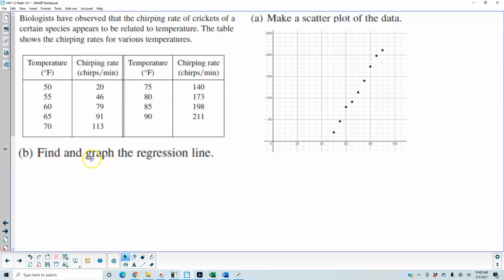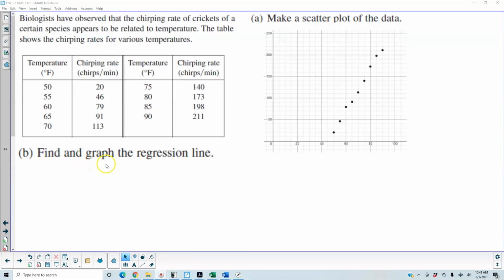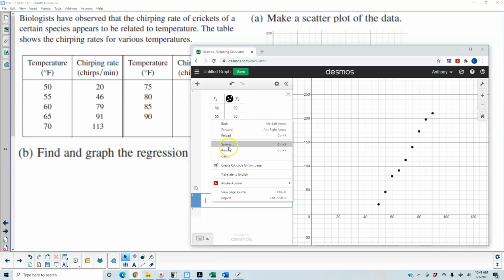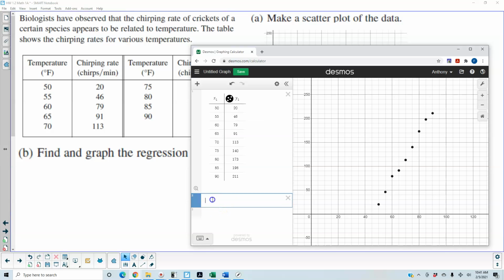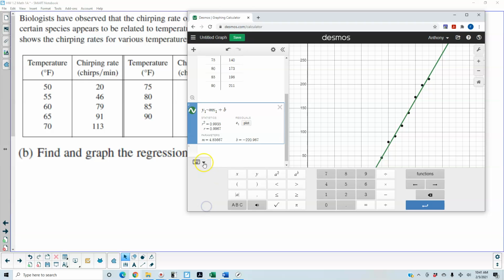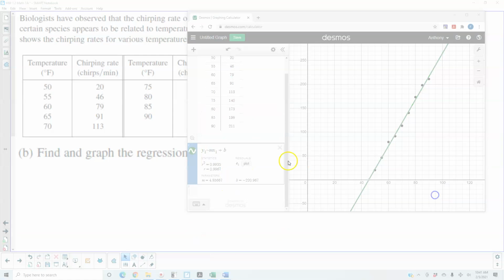Now for part B, it says we want to find and graph the regression line. In order to do that, we're going to use Desmos. We're going to put in our function for that. So there is our regression line. It's going to tell us what our slope is and what our y-intercept is.